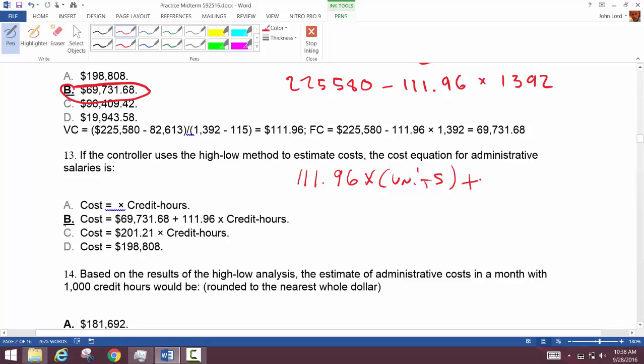Plus the fixed cost of $69,731, and I guess we care about those 68 cents, right? And we can do this for any level of activity now, can't we? Okay. So what happens if we have a level of activity of 1,000?